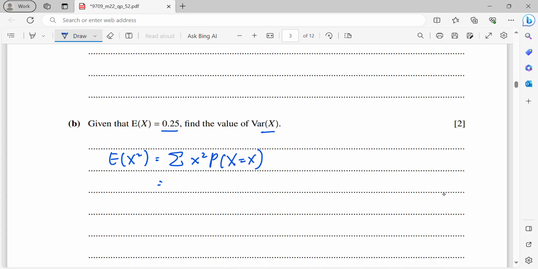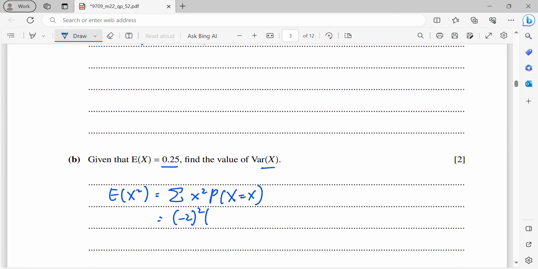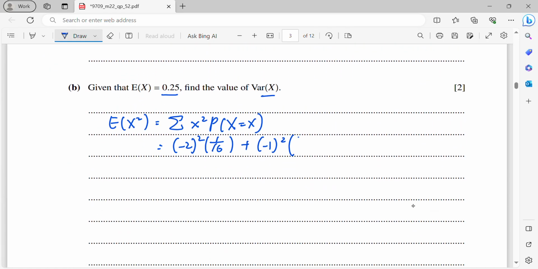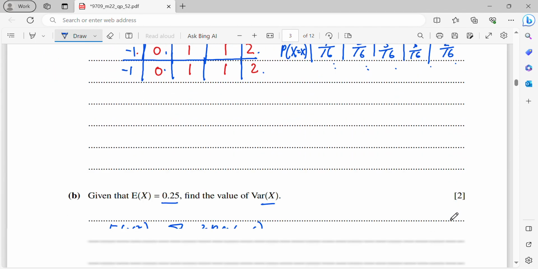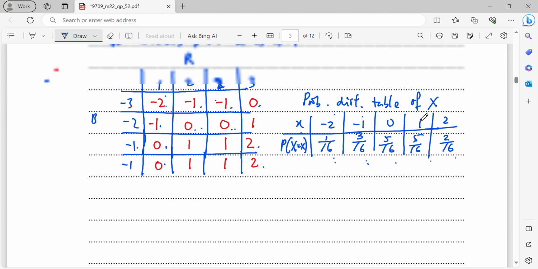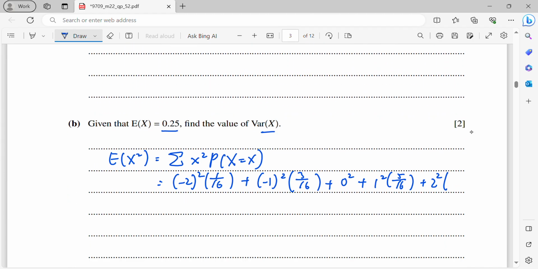So I will get -2 squared times the probability 1 over 16. Then my next X is -1, you square it, the probability is 3 over 16. Then next X is 0, so no need to multiply the probability because it's 0. Then 1 squared times 5 over 16, followed by 2 squared times 2 over 16.